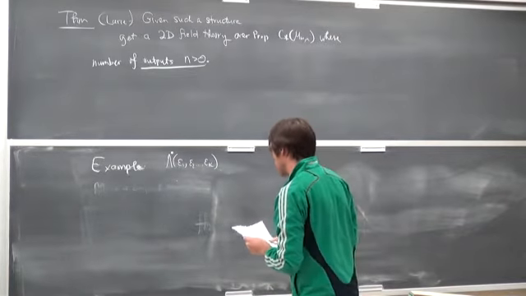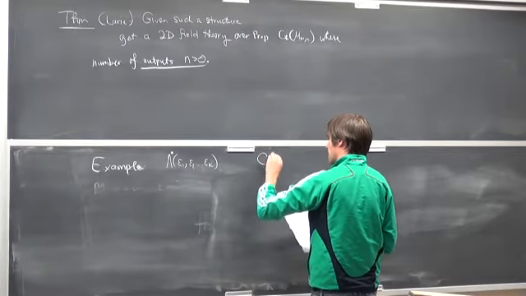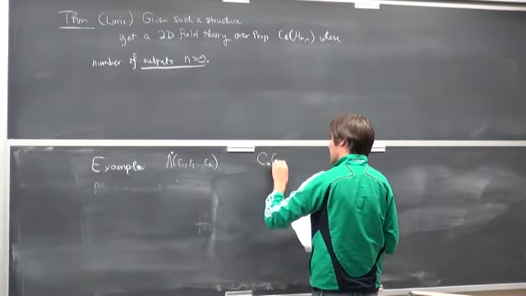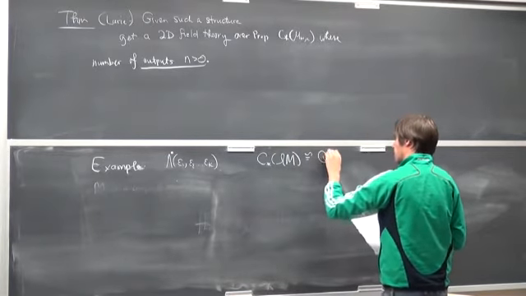So if you have an exterior algebra, then chains on it is actually quasi-isomorphic to this polynomial ring.